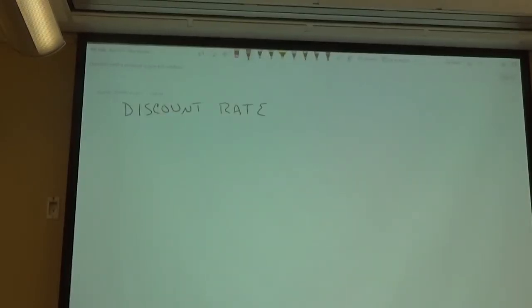So the question was, how do you basically come up with a discount rate? The way that I tend to think about this is very similar to, how many of you, by the way, are undergrads in finance? You know at least one or two of you, okay, so one. All right.